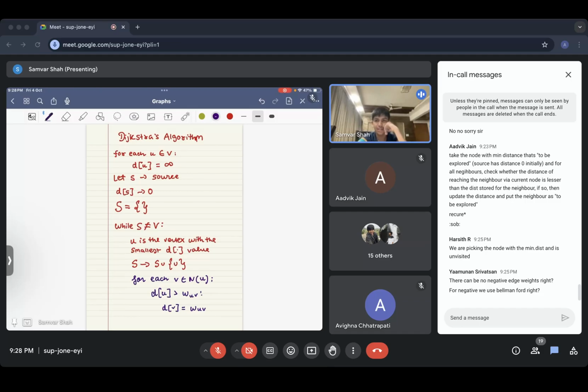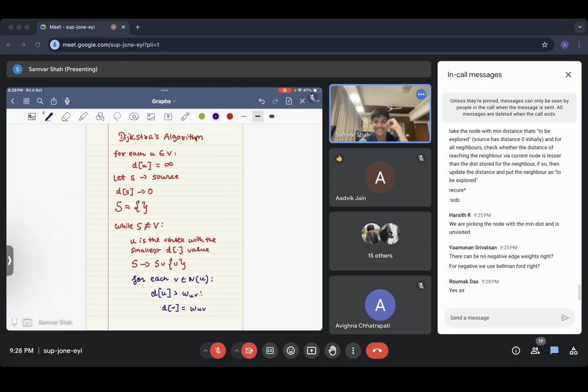Does this make sense to everybody? Okay. Is there anyone who doesn't agree with this? Okay, there is a small error in this. Can someone find out what the error is?